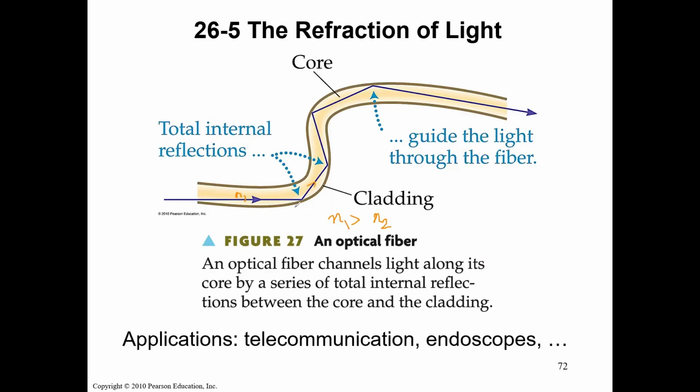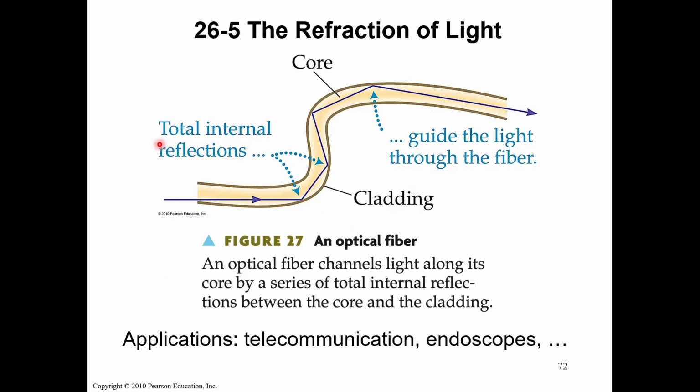In this way, no light will emit towards the cladding and into the environment and get lost, and you can transmit the light over a long distance by a series of total internal reflections. So the fiber can guide the light. With a fiber, you can change the direction of light as you wish, and you can extend the signal of light over a long distance without much loss because there's total internal reflection.